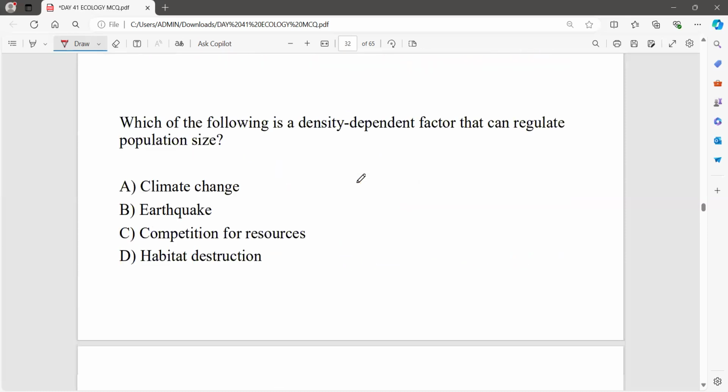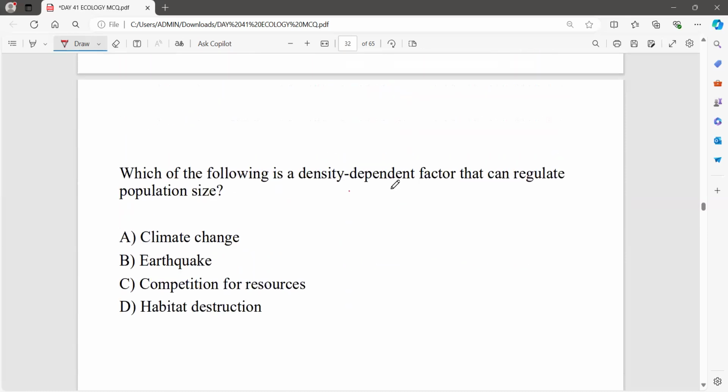Which of the following is a density dependent factor that can regulate the population size?